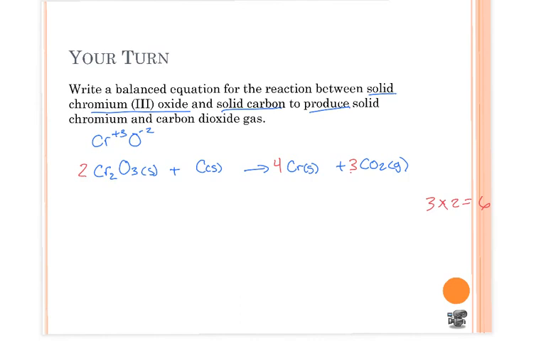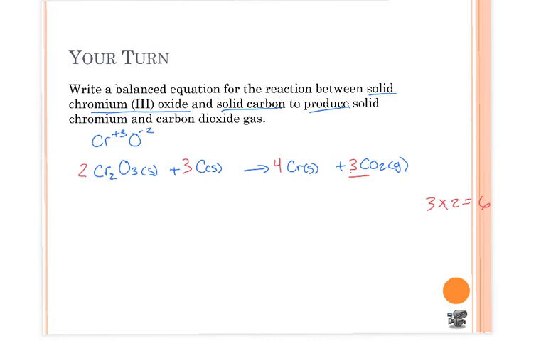Now lastly, I want to balance my free carbon. Here I have 3 carbons on this side, so very simply I'll put 3 here because it is a free element. So let me just double check. I don't have a fraction, so I can skip number 4, and I want to make sure that I have the left and the right side balanced.